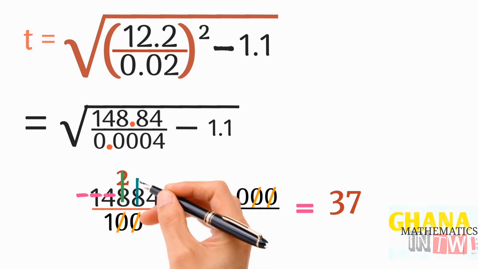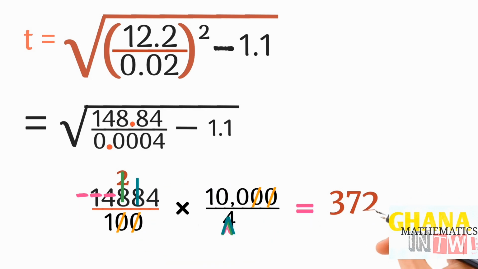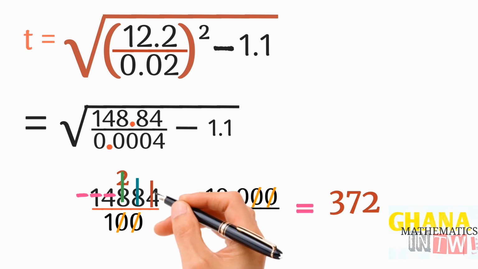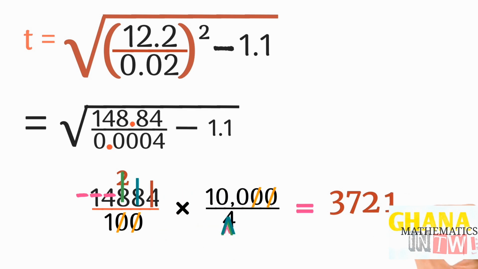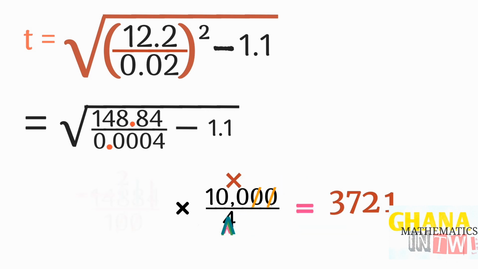Then 4 goes into 8 2 times, and 4 into 4 is 1 time. Therefore, dividing 14,884 by 4 gives 3,721.